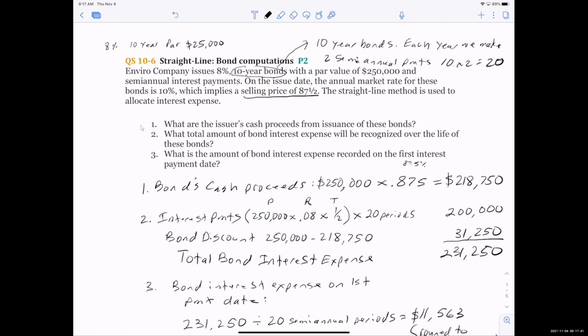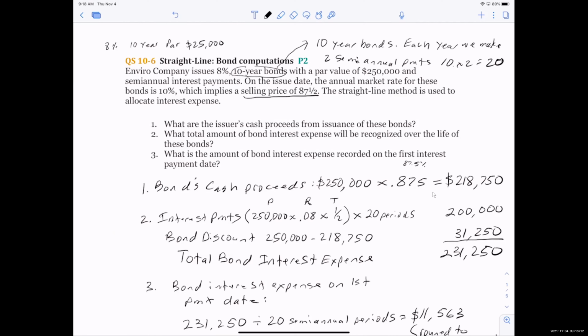Okay, number one, what are the issuer's cash proceeds from the issuance of these bonds? Well, the bonds we're going to issue are $250,000, but yet the selling price is going to be only 87.5% of that. So the cash proceeds would be the value of the bonds times the 87.5%.